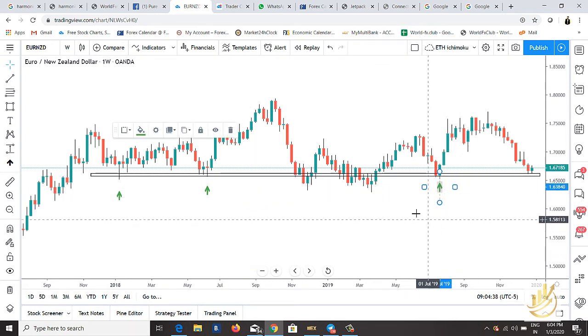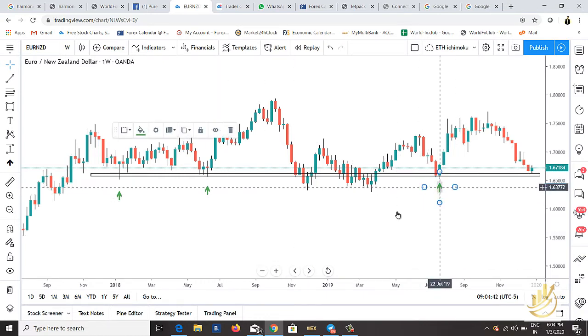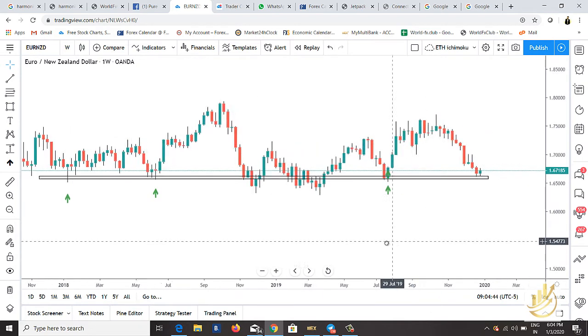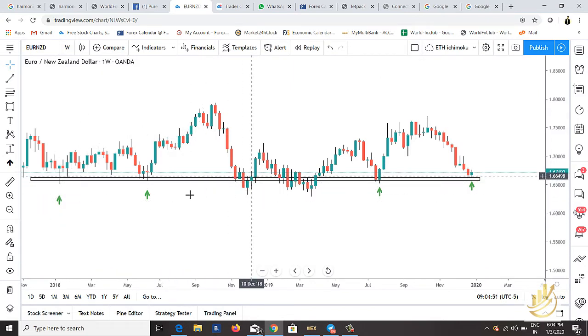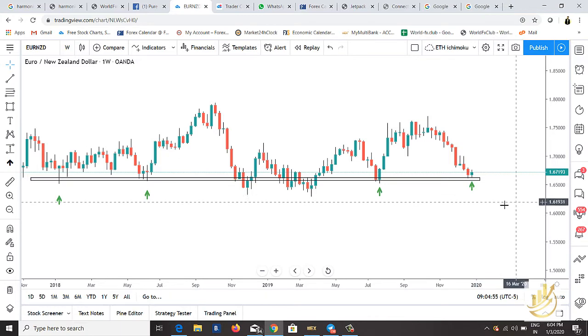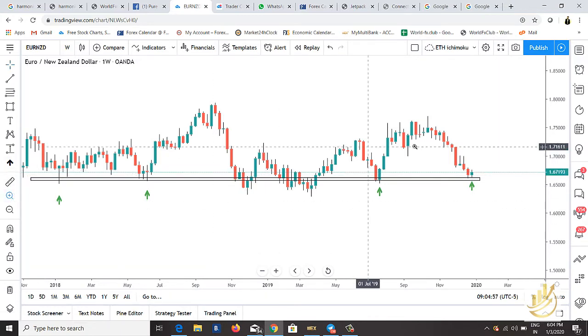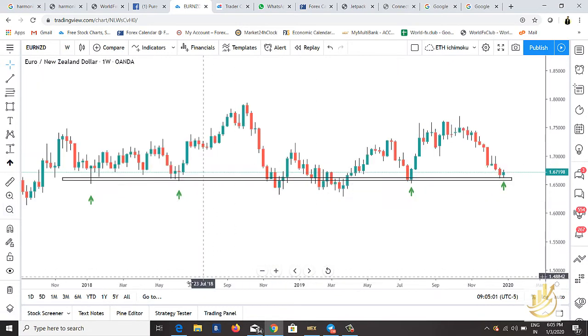Now we are currently at the same area. So these are 4 areas where price bounced back up. So what is the next step?